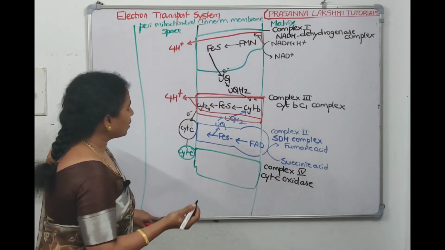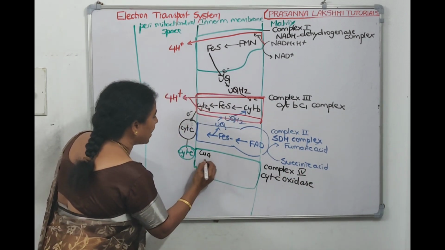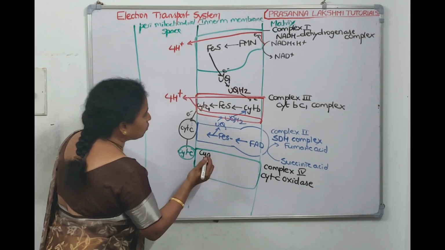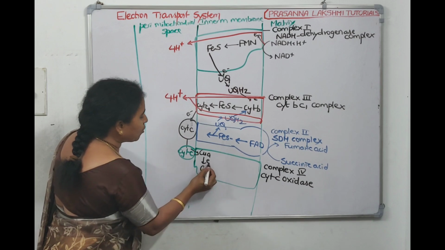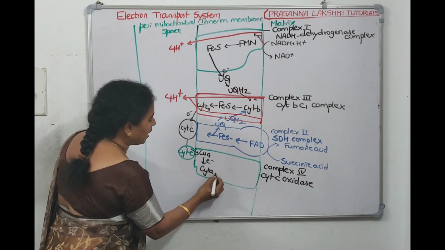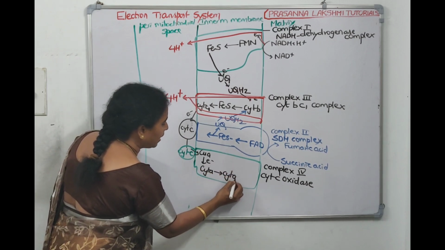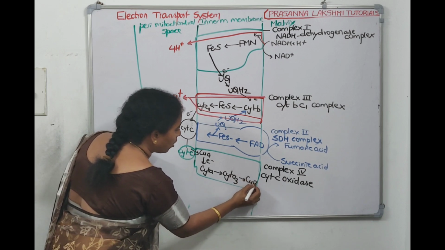The cytochrome C oxidase complex contains copper A. So the electrons from cytochrome C will come to copper A. From copper A, the electrons will come to cytochrome A. From there to cytochrome A3. From there to copper B.